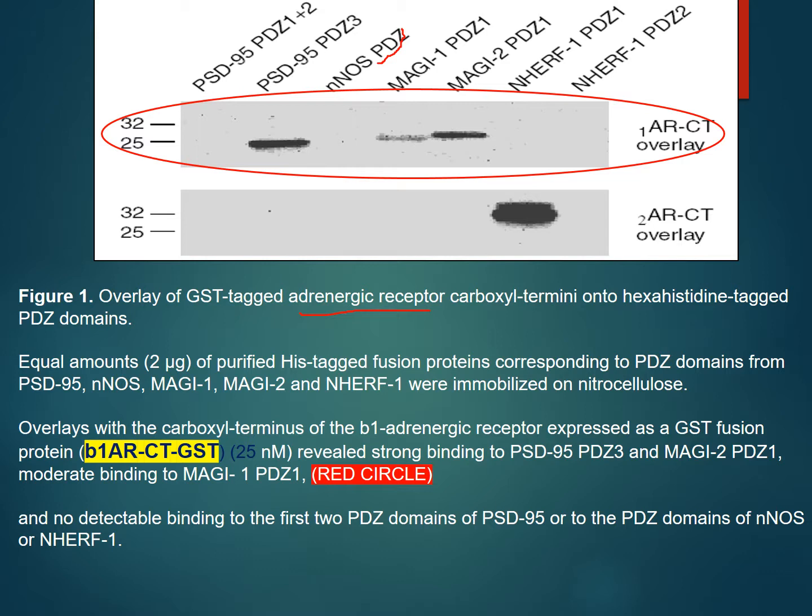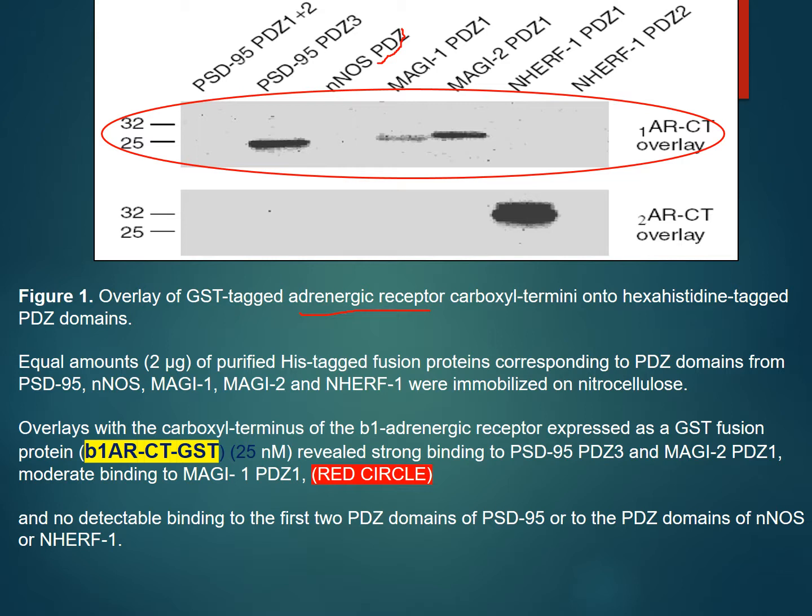They purified them and then added them to a PAGE gel, electrophoresed it, blotted it, and then it's called an overlay. Then you overlay with your far western labeled protein here.